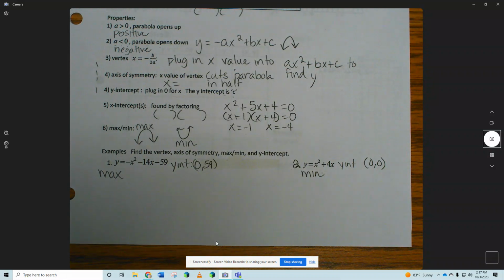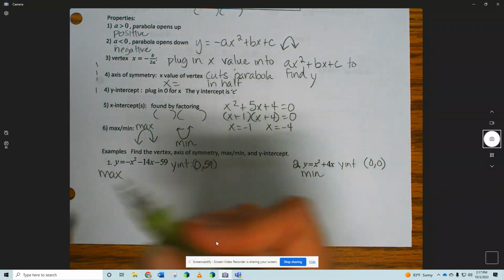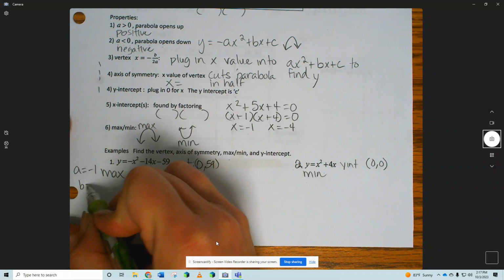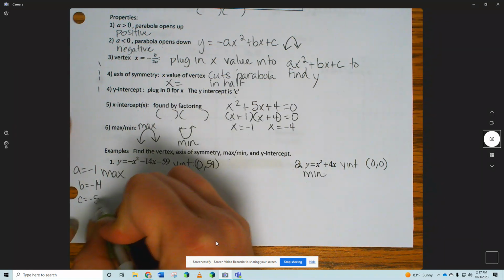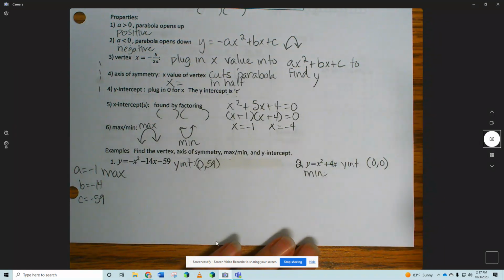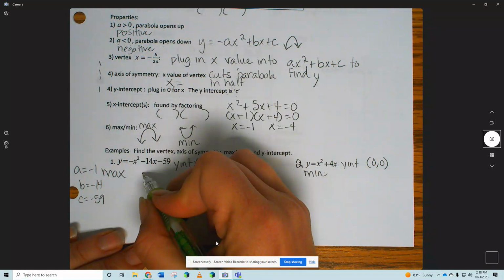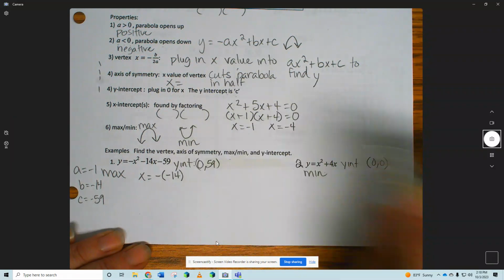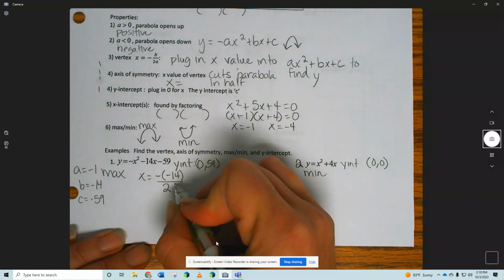So now we need to find the vertex. Negative b over 2a. A equals negative 1. B equals negative 14. C equals negative 59. X equals negative b over 2a, negative negative 14 over 2 times negative 1.